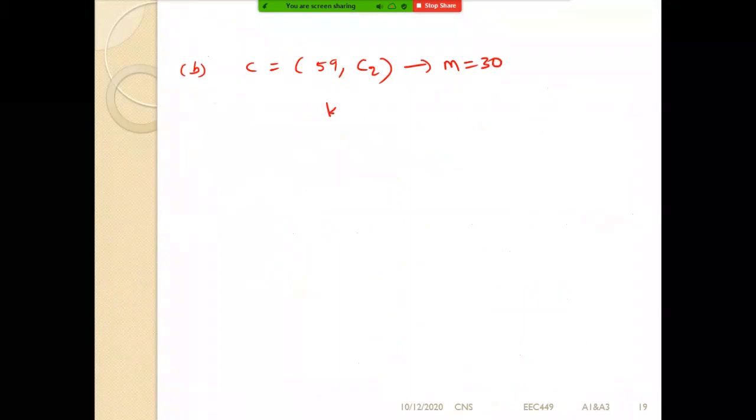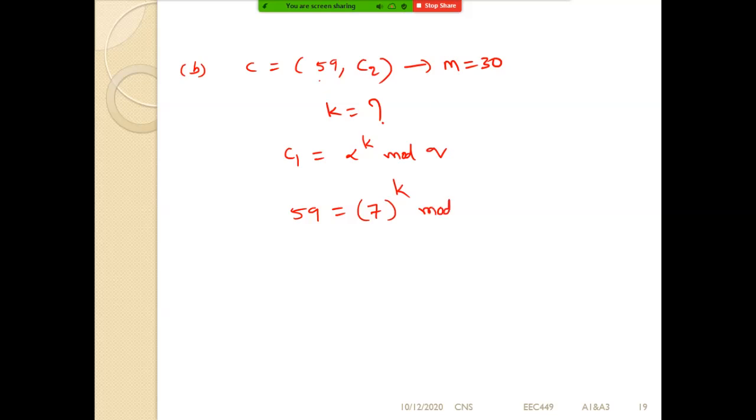So what is small k? C1 is equal to alpha power k mod q. So C1 is given as 59, alpha is 7 power small k mod 71. Correct?